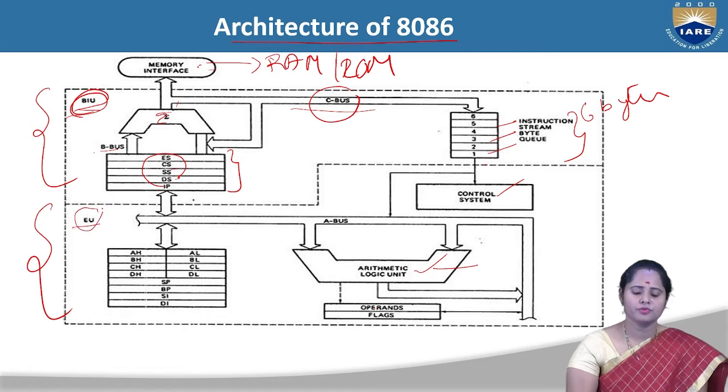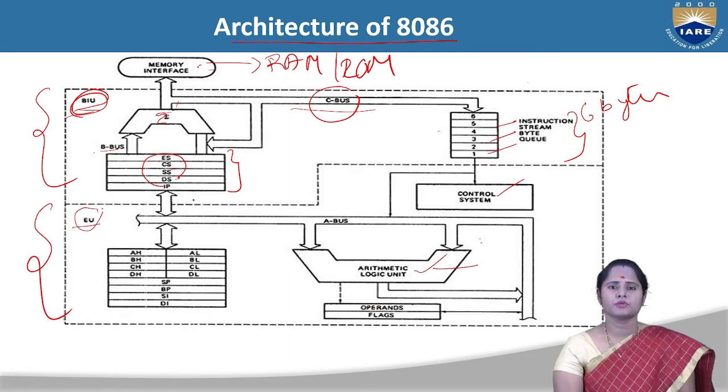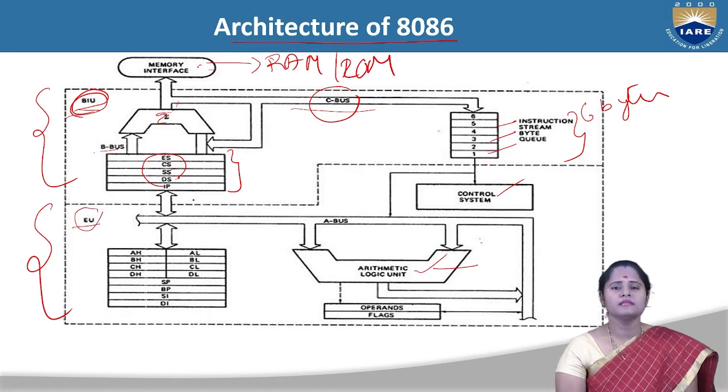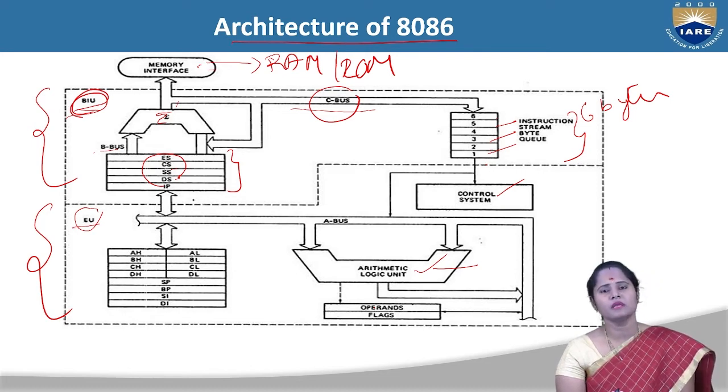We'll see it in detail later. Now, the execution unit. What is actually an execution unit? The name itself says execution: we are adding some numbers, multiplying some numbers, an operation is done. In order to do operations, what we require is an ALU.